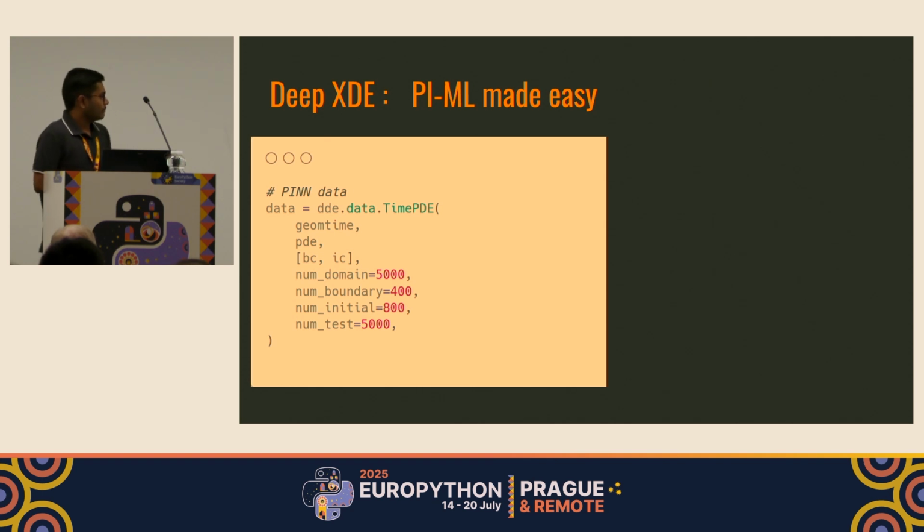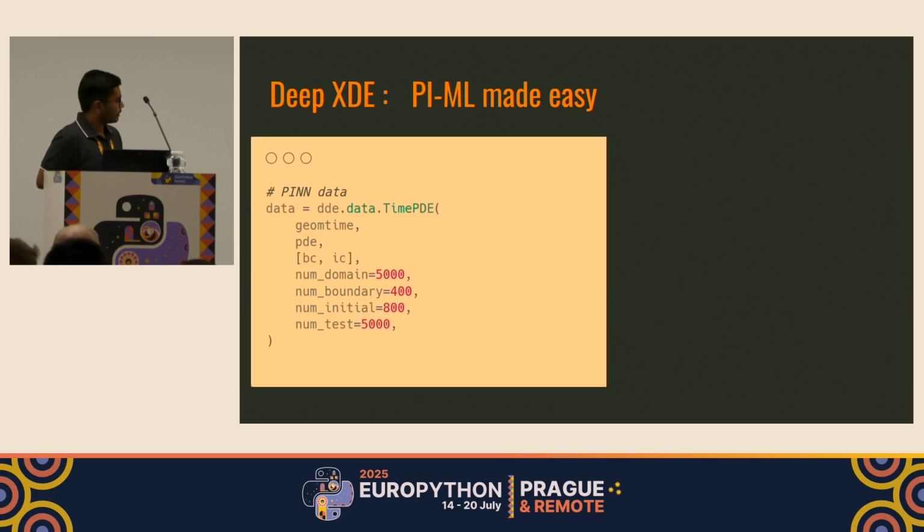And finally, we combine all of the data we have for our system into a single container. Since our system is evolving with time, we have the time PDE container, and in this container, we first define the boundary condition and initial condition data.